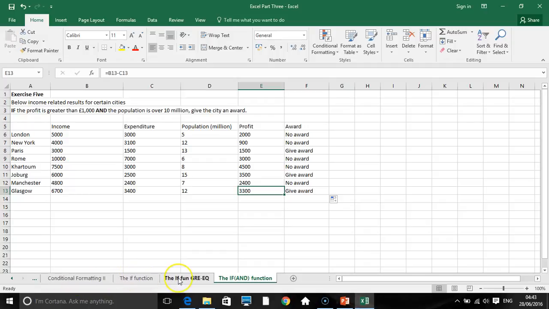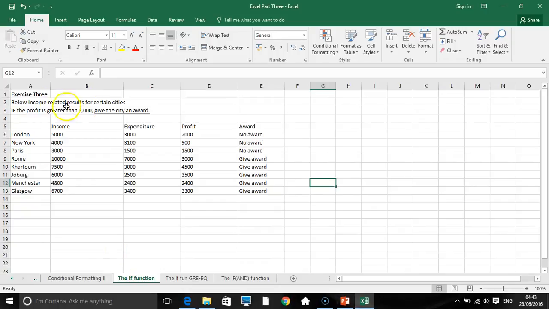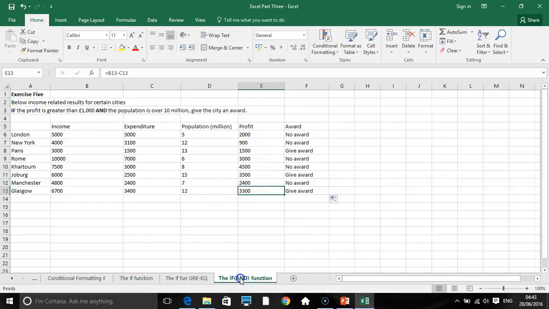The if function, within the one condition you could have greater than 2000 or greater than and equal to 2000. Or you could have two separate conditions that must be satisfied. And that's when we look at the if and function together. So use these as examples to get your head around the different key areas.